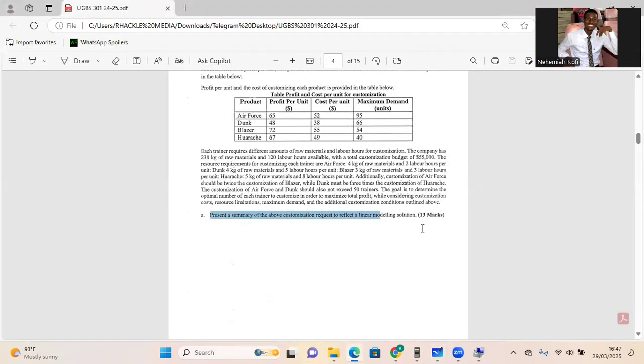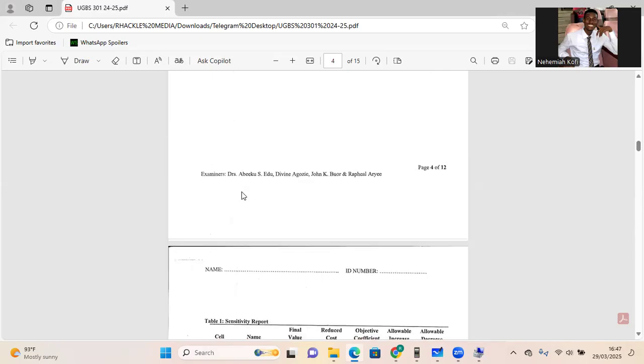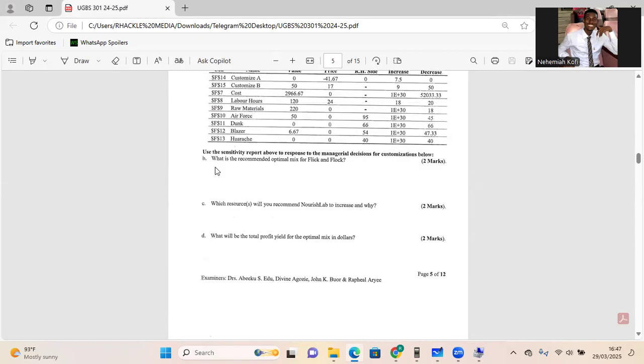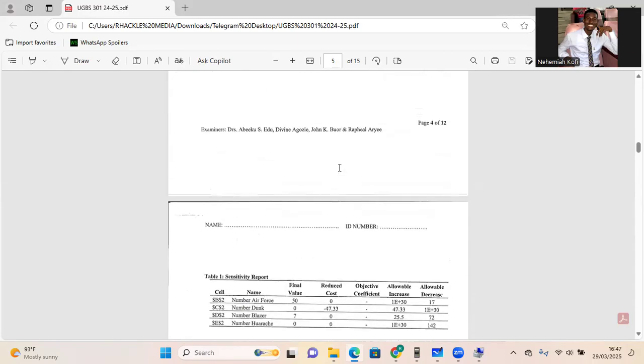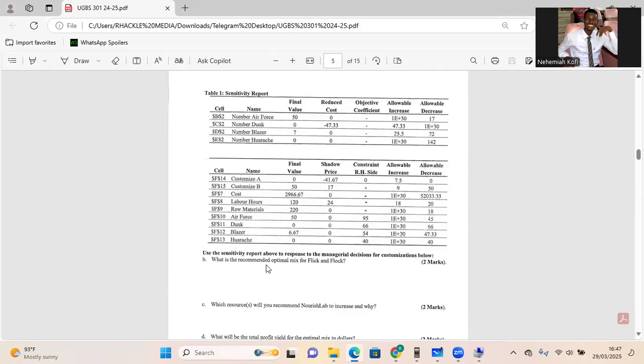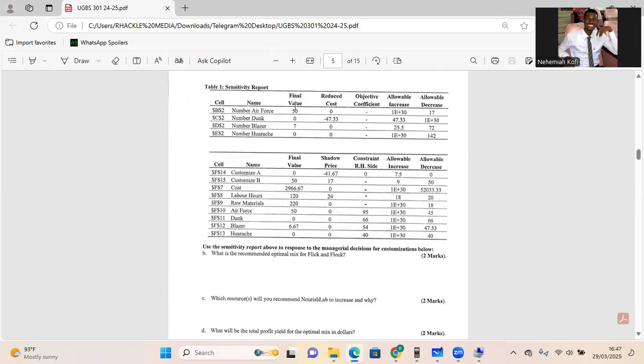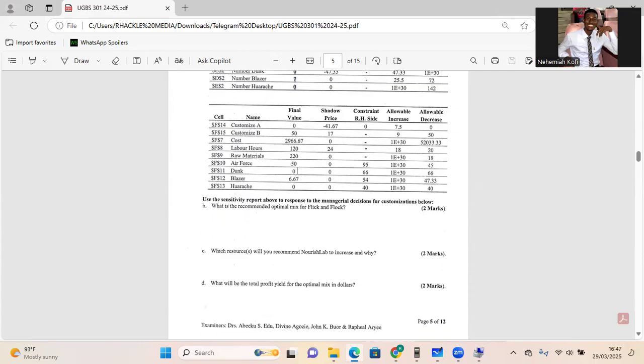Now, since you are done with A, the rest is actually easy and straightforward. So let's look at B. B is asking what is the recommended optimal mix for Flick and Flock. We are going to use this sensitivity report to answer that. The final values here are the optimal values, right?